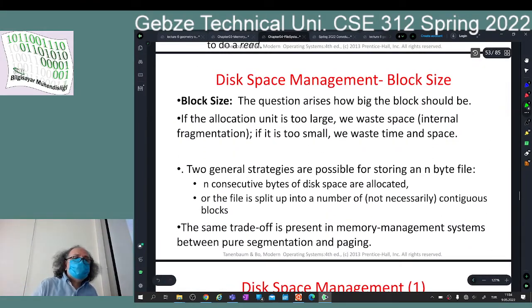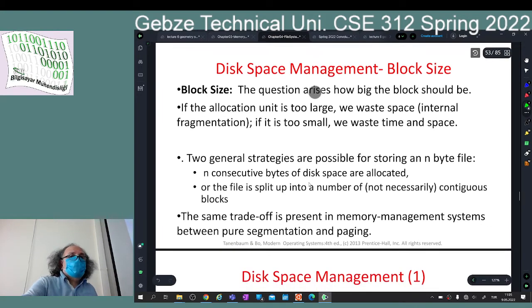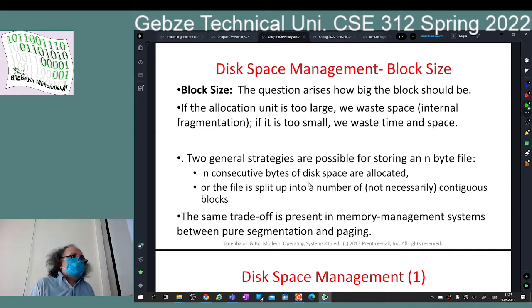So the block size is a critical file system parameter, and it needs to be decided on. So how? Block size is restricted by the sector size, but again, it doesn't have to correspond to the sector size. I can use 2, 3, 4 sectors for each block.